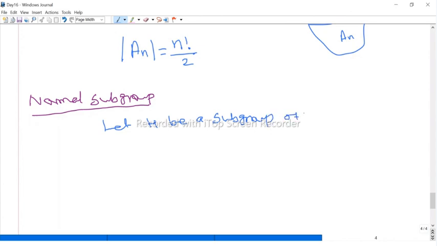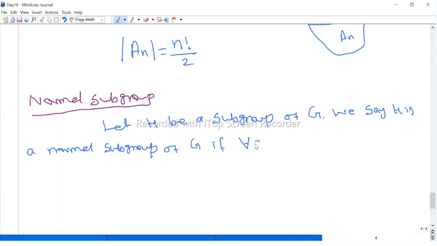Let H be a subgroup of a group G. We say H is a normal subgroup of G if for any g in G and any h in H, the product g h g inverse is in the subgroup.